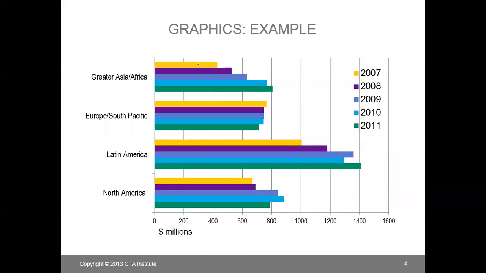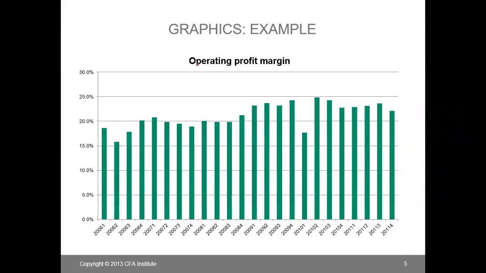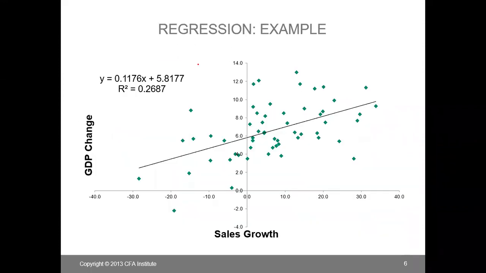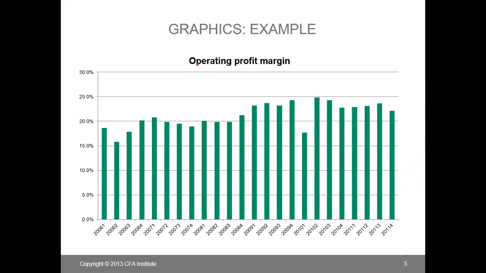Alternatively, you can also use the bar chart, and the column chart. These are some common graphics people use for showing what happened to the financials of this company in previous years.